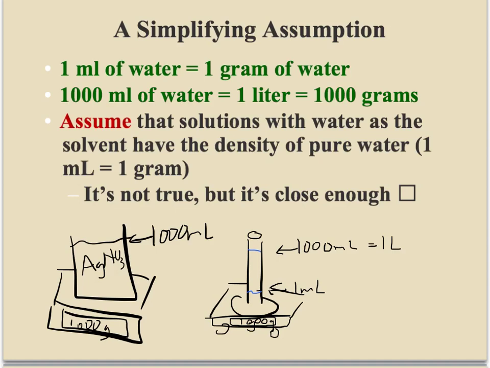A solution of silver nitrate, because of that stuff that's in the water, is going to increase the mass by a slight amount. But to ease our calculations, and because the slight amount of stuff that's in there isn't going to affect it that much, let's assume that all solutions would have 1 gram for every 1 milliliter. And this is really simple, because then if you have 500 milliliters, that's going to weigh 500 grams. So it's a pretty easy calculation. Just convert milliliters into grams.